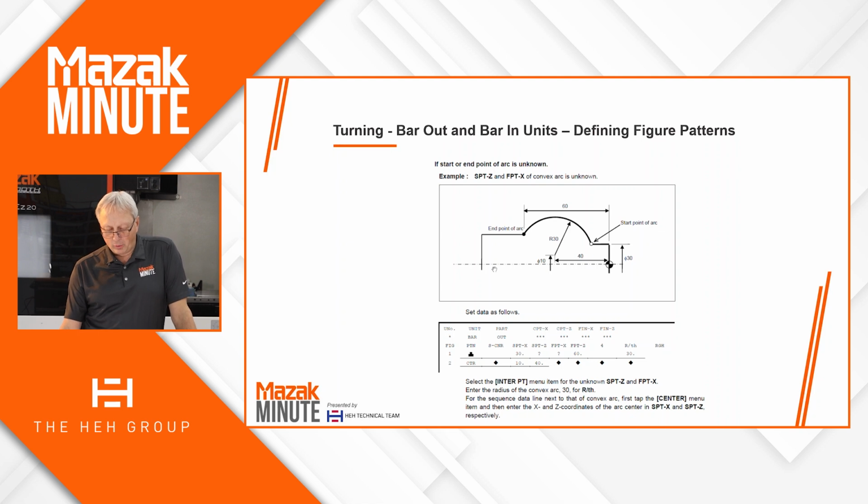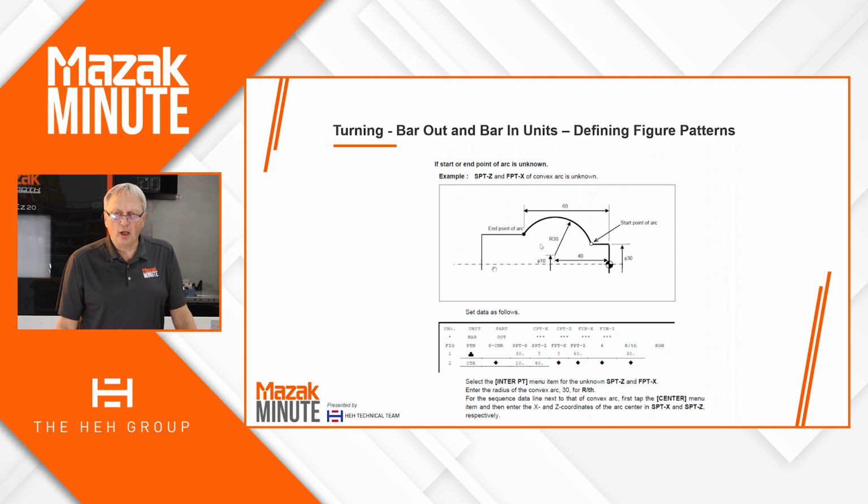So we're going to say Z question mark with an intersect. Then for the end point of the arc, I don't know the x dimension. So down here I have a question mark for the final point X, intersect type. But I do know that from the datum point, I'm 60 millimeters in.